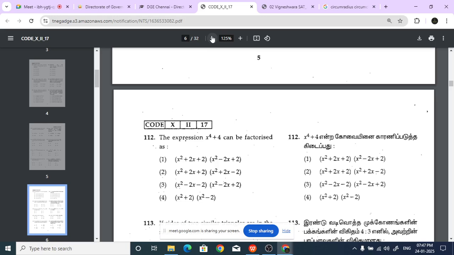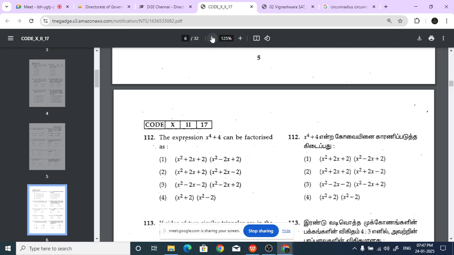In the first one, x square plus 2x plus 2 into x square minus 2x plus 2, if you have to get 4, then plus 2 into plus 2 will give 4. Okay, you keep it aside. First one will give it. Will you get plus 4 in the second one? No, sir. You will get only minus 4.